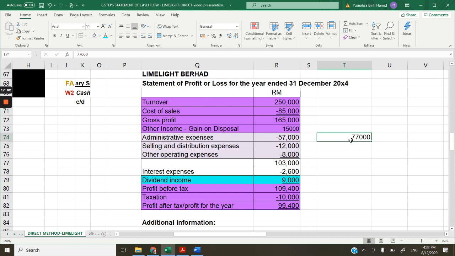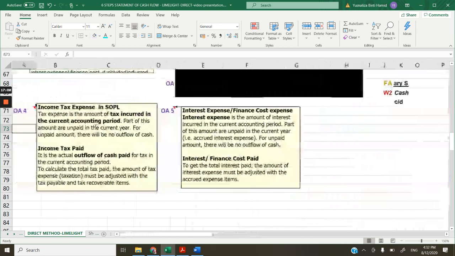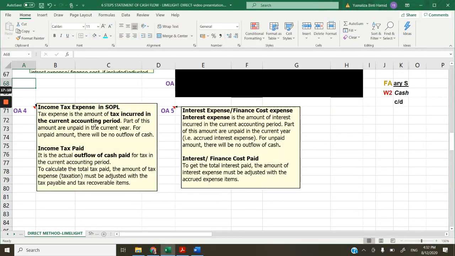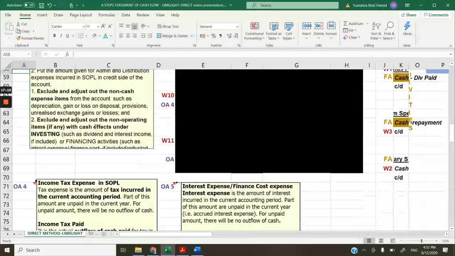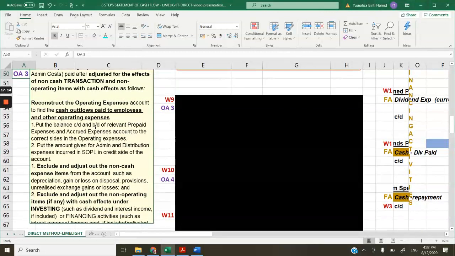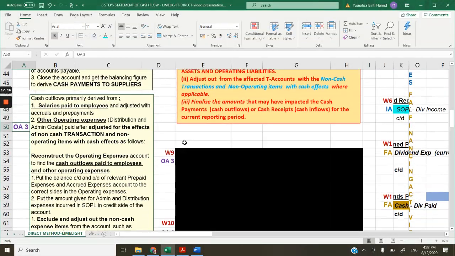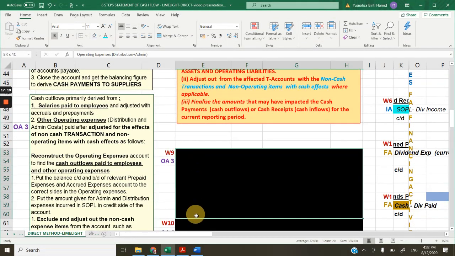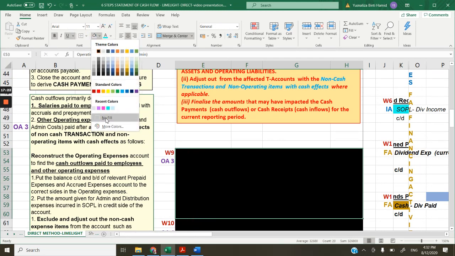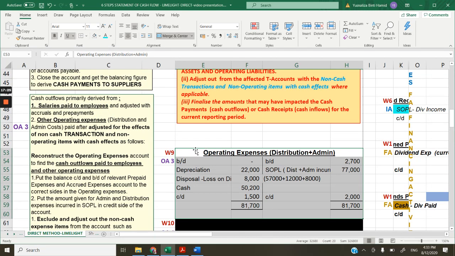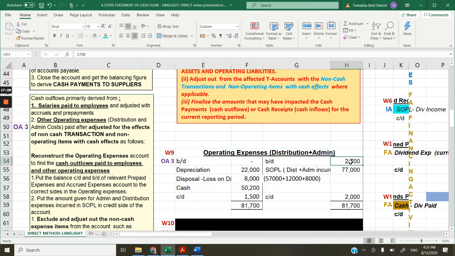So this amount must be transferred here. Transfer this where to? Transfer this to your operating expenses account that you have opened up, or you have already done that here. So let me just show you where it is. Now, this is the one that you have put the balance on the credit side.